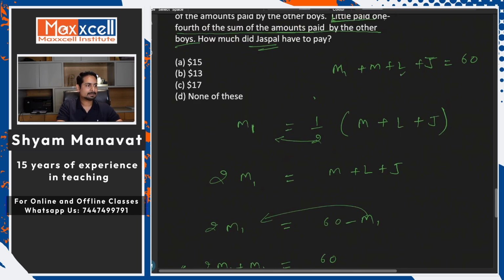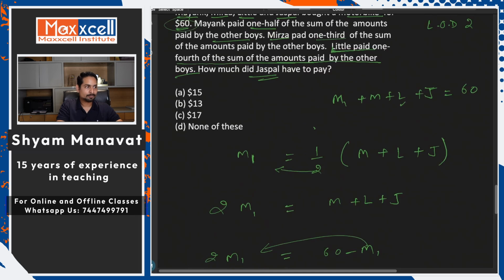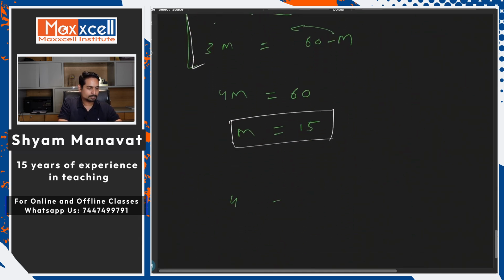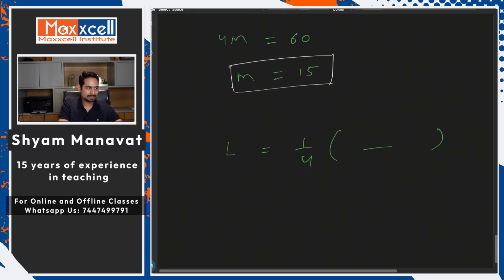Okay, next is for Little. Now Little paid 1/4 of the sum paid by others. So that should definitely be 4L, and others means excluding Little. That means this should be nothing but all together minus Little.